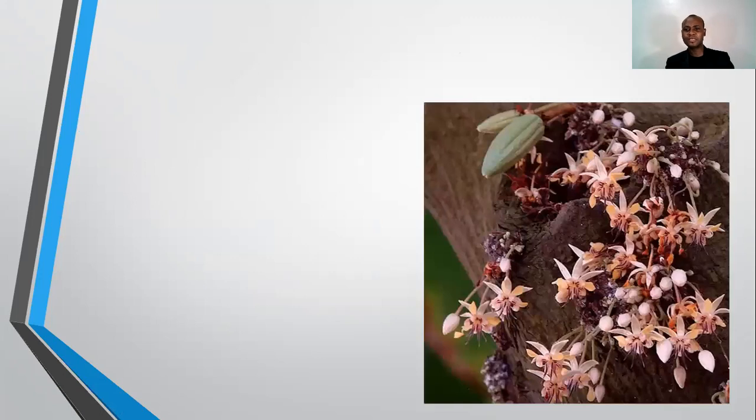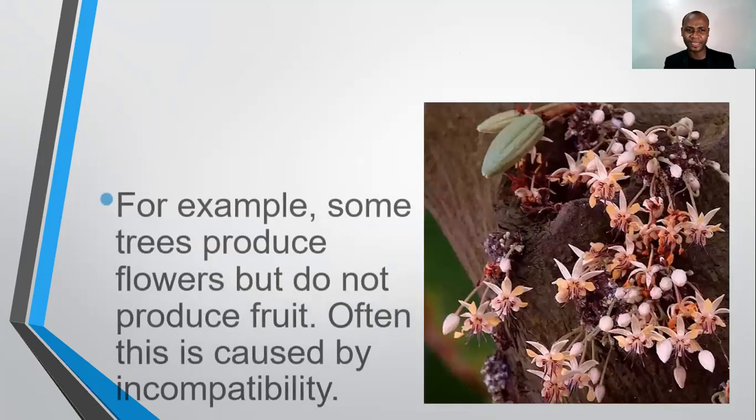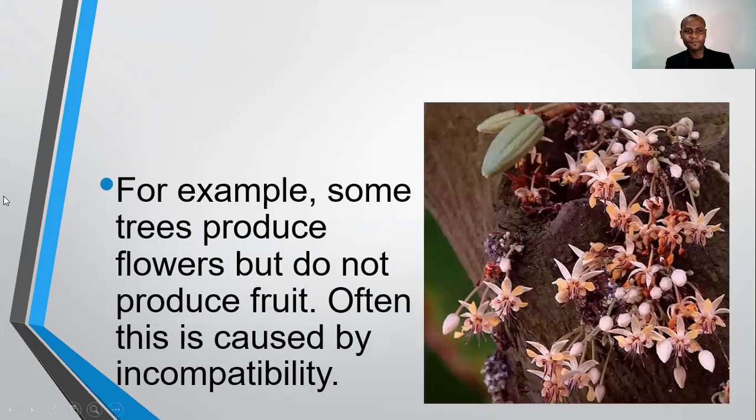All right. So as you can see over here, for example, some trees produce flowers, but do not produce fruits. Often it is caused by incompatibility. If you look at this particular tree here, you see a lot of dead flowers.